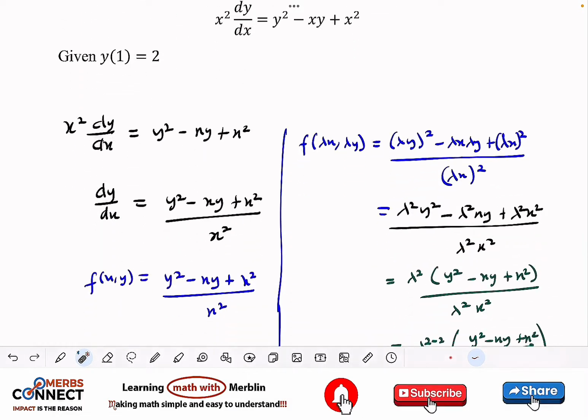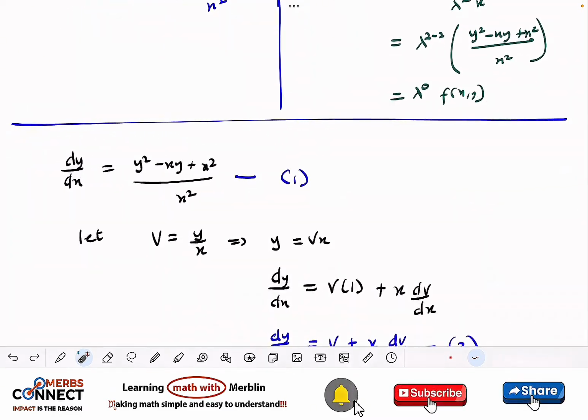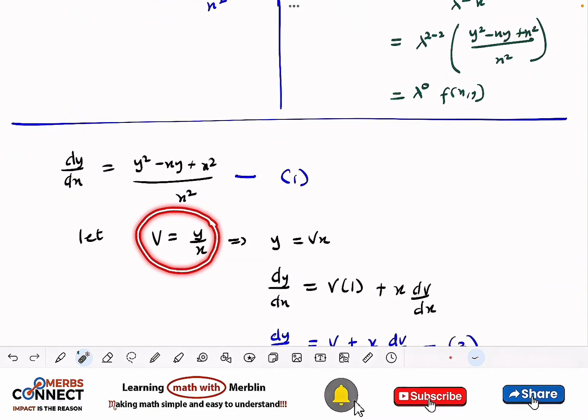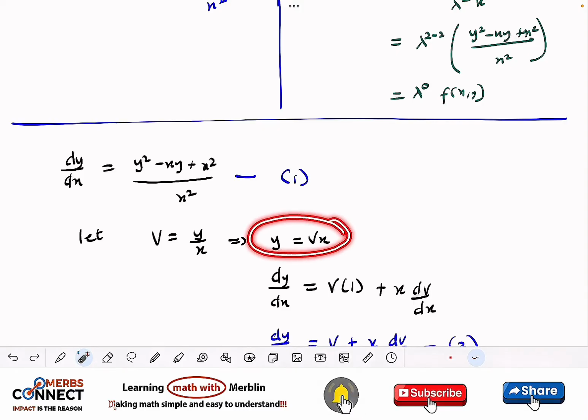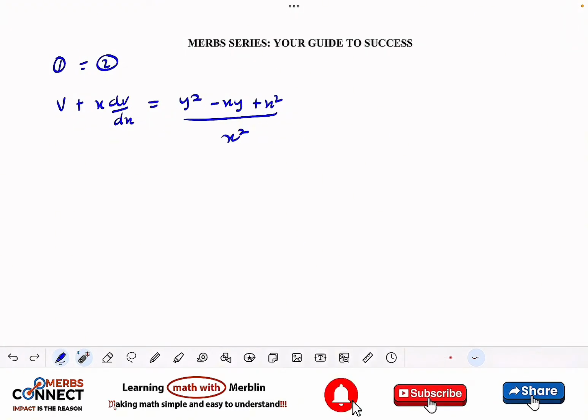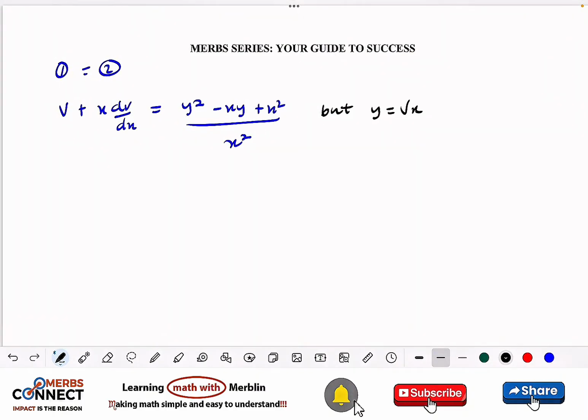But we know that by making v equal to y over x, y should be the same as vx. So we need to change y to vx, but y is equal to vx, so I'm going to do substitution for that.